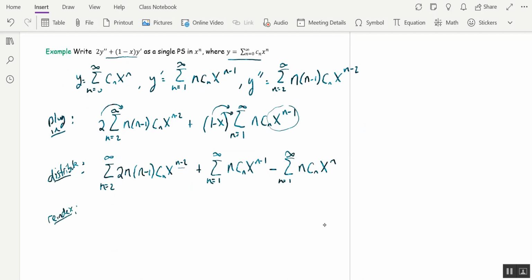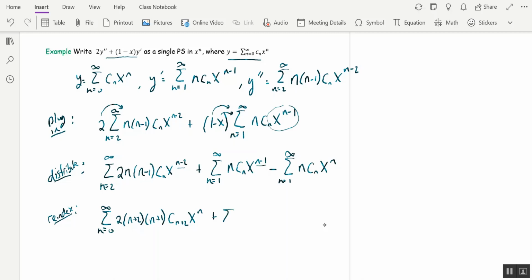All right, next step, I want to reindex. All right, this first guy, I need to add 2 everywhere in the formula. So for the first infinite series, I'm going to start at 0, and I'll have 2, n plus 2, n plus 1, c_(n+2), x to the n. The second power series, I'm going to have to add 1 everywhere in the formula.